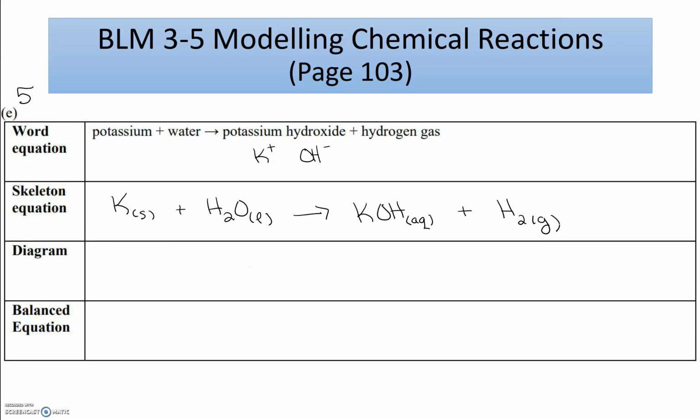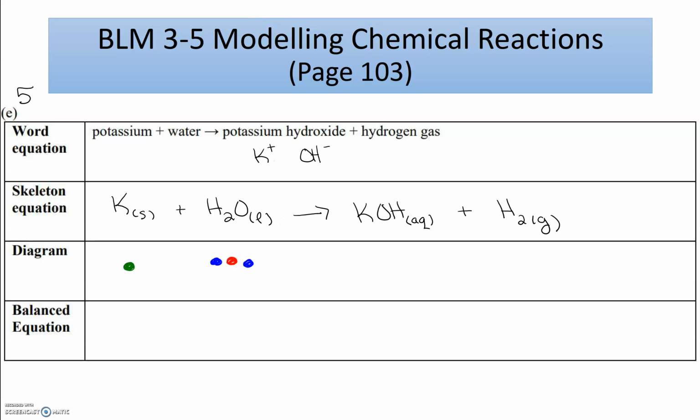Now we've got a couple of things going on here. We've got potassium and water reacted to make potassium hydroxide and hydrogen. Now let's do our diagrams, and I'm going to have potassium be green, so I'm going to draw a green circle there to represent my potassium. I've got my water, I've got my hydrogen in blue, and I've got 2 hydrogens, and I've got an oxygen there in the middle.